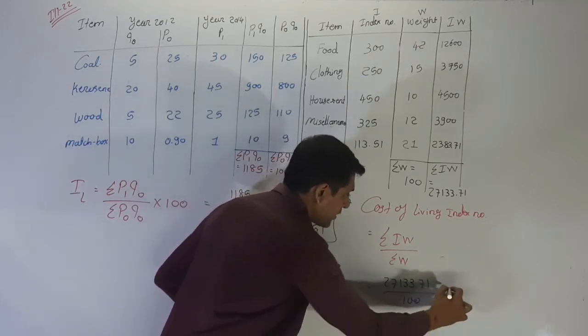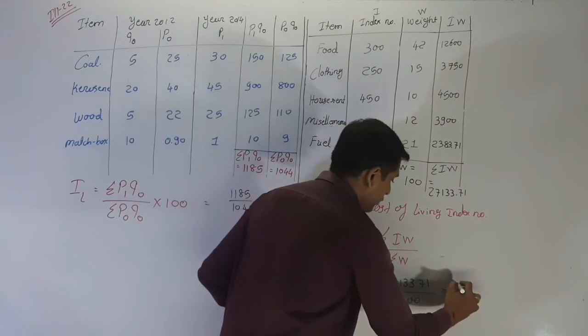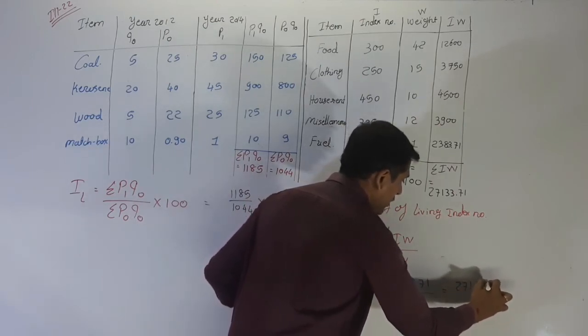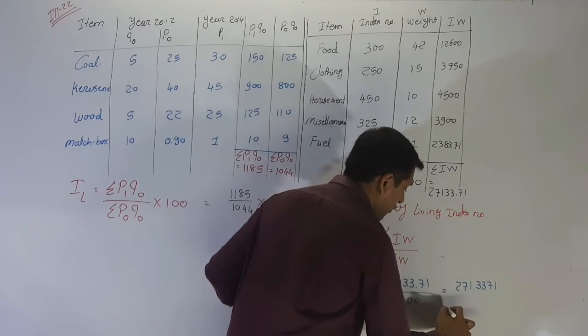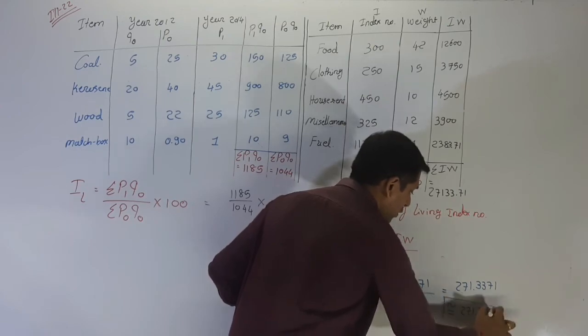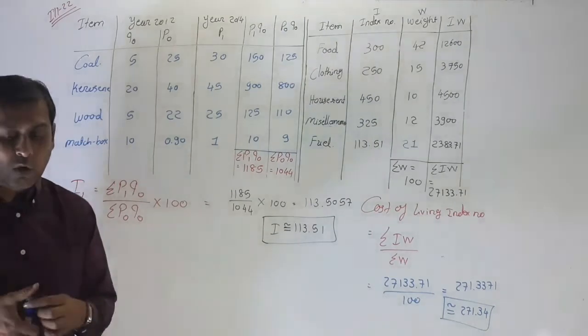So your cost of living index number is 271.3371. Therefore, the approximate value is 271.34.